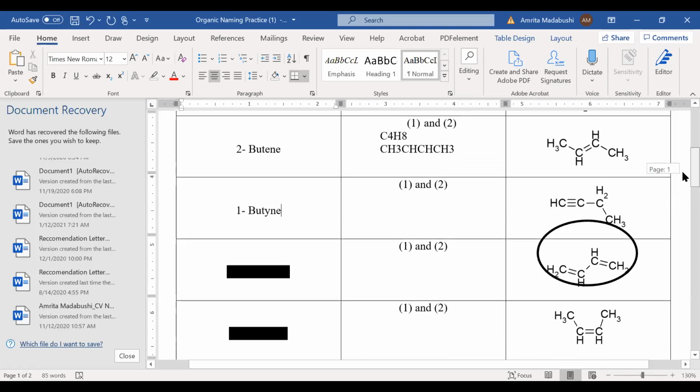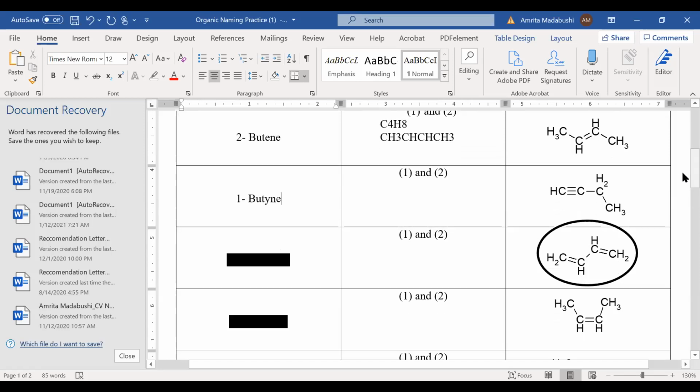Let's do this next one. Okay. What about this one? What would you call this? Since this is a little bit difficult, why don't I show this answer to you? So this is 1,3-butadiene. I would not typically ask this kind of question, but I always want you to go above and beyond. I want to make sure you understand there are 2 enes. So I call it 1,3-butadiene.